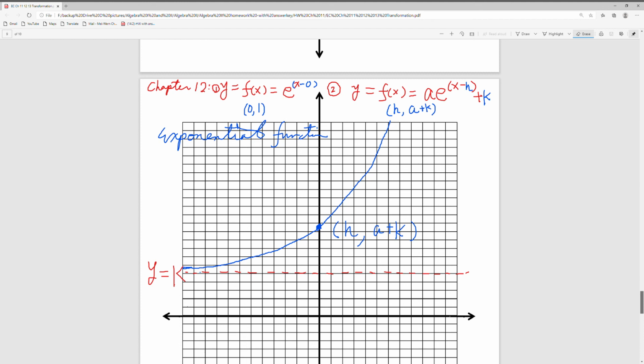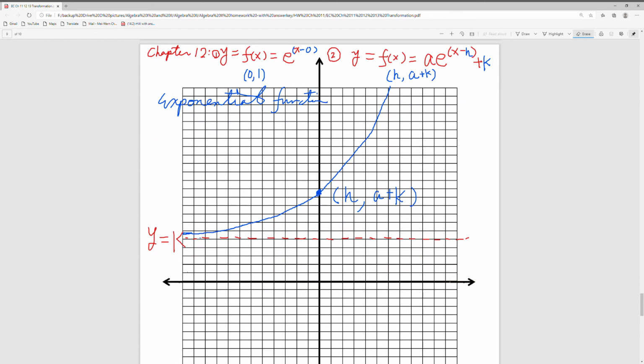I want to spend a little bit more time to talk about, not really learn, chapter 12. I just tell you, in chapter 12 we are going to have more complicated functions. We still involve (h, k), but this time (h, k) is not a vertex, it's something else, but still h and k will be involved in the formula.